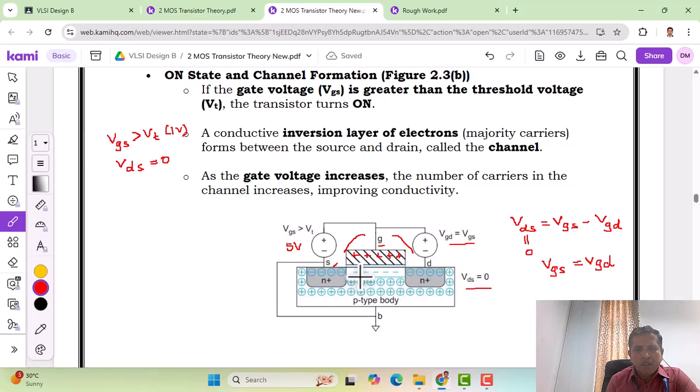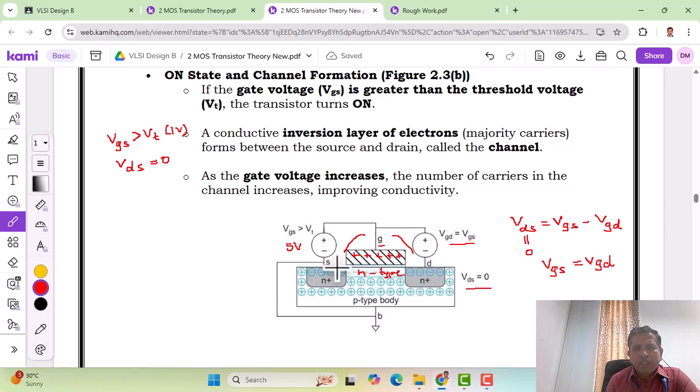As you can see, holes have been pushed downwards in the body, and there is a depletion layer as well as an inversion layer. Here an N-type inversion layer has been formed, and this creates a path for the charge carriers from the source region to the drain region.